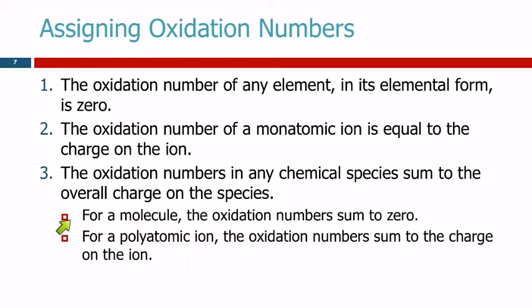So in a molecule, molecules don't have charges, right? The oxidation numbers of all the atoms in that molecule have to add up to 0. And if we have a polyatomic ion like nitrate or perchlorate, the oxidation numbers have to add up to the charge on that ion.